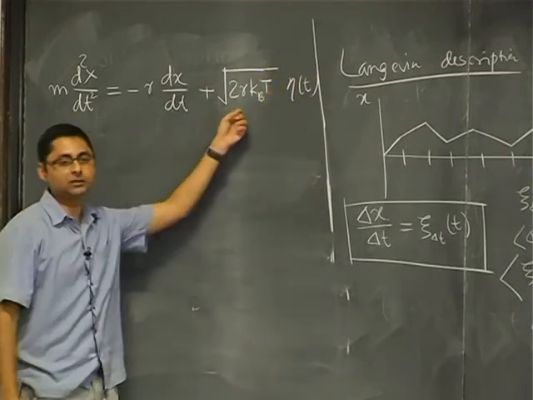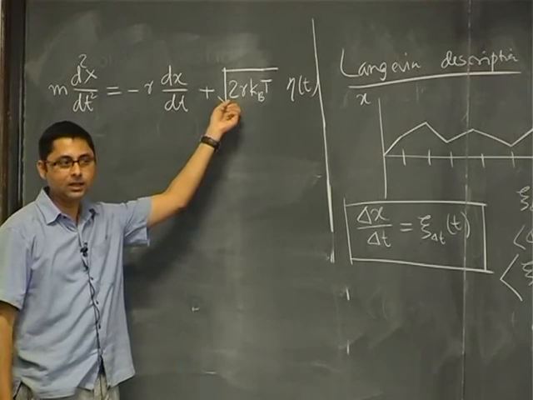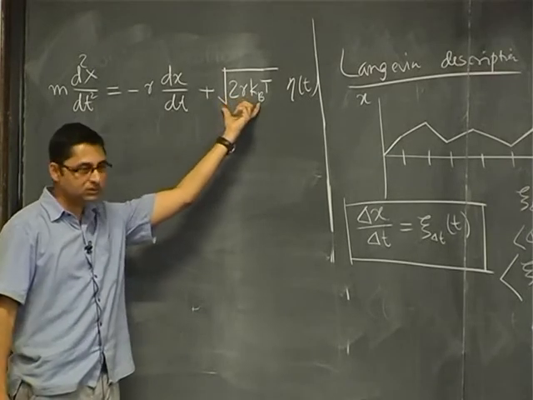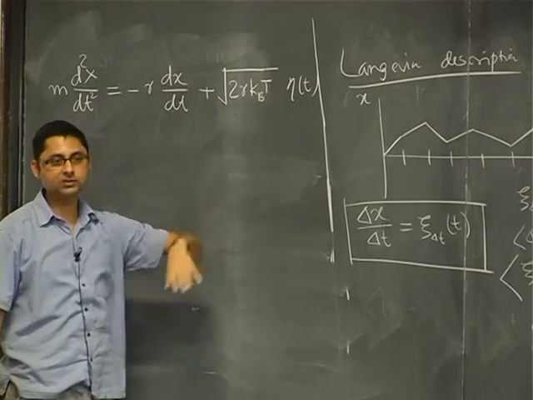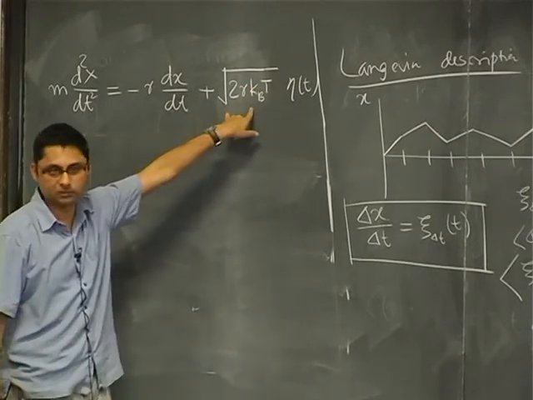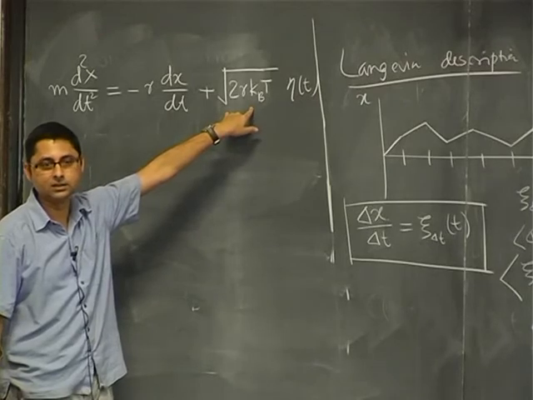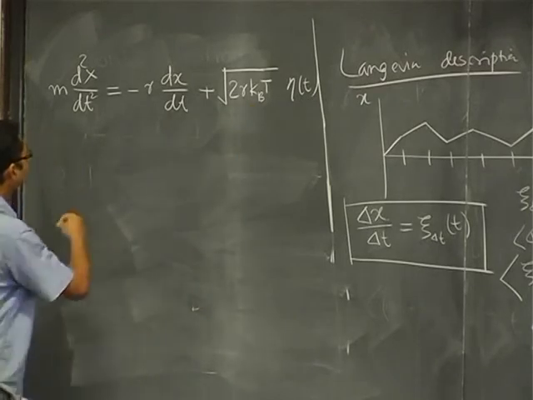I put this factor because I know the answer, but if you do not know the answer, you can just put something, not d, and from the properties, whatever you are going to see, it should come out automatically. Now let us write this in a different way.